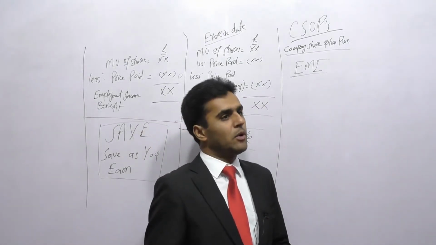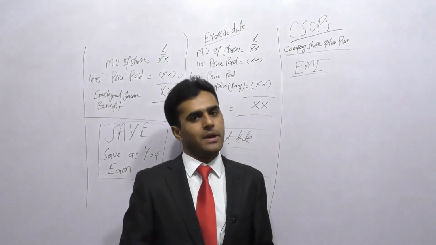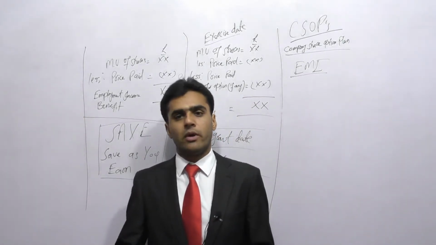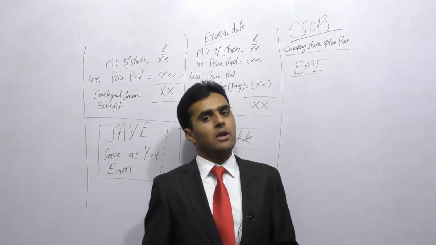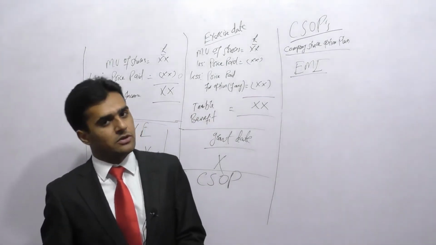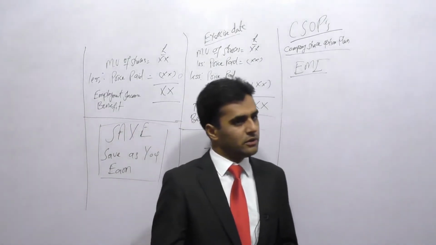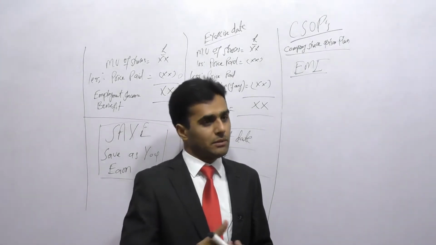So because you don't only want him to come into your company, but you also want him to work very well in your company, on top of the salary, you would offer him these Enterprise Management Incentive shares.